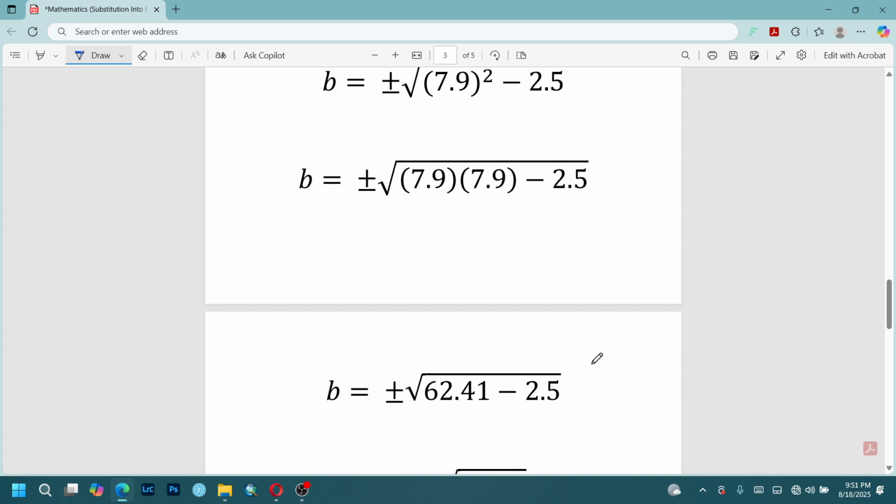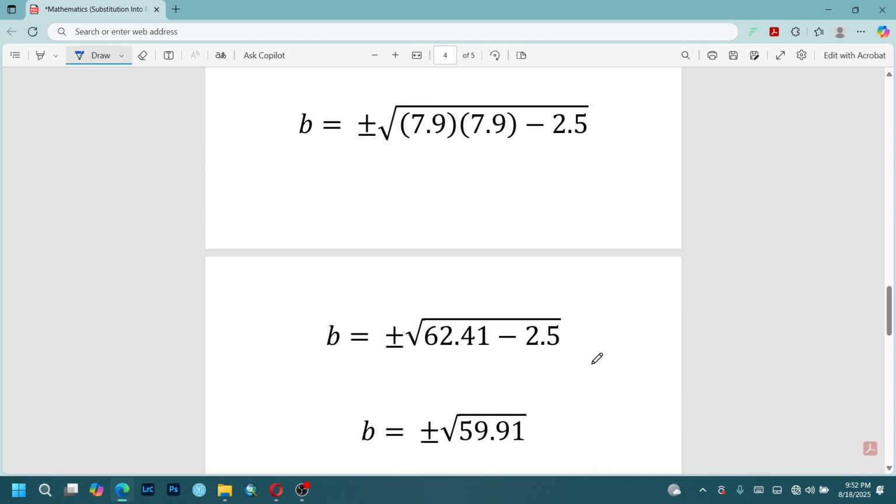So our b is going to be plus or minus the square root of 62.41 minus 2.5. That 62.41 is as a result of multiplying 7.9 by 7.9.